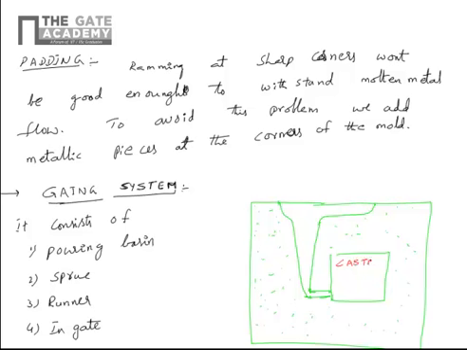The casting cavity is where molten metal will form the casting, and this one is the pouring basin. Here it is the sprue. This one is the runner. This part is the ingate.